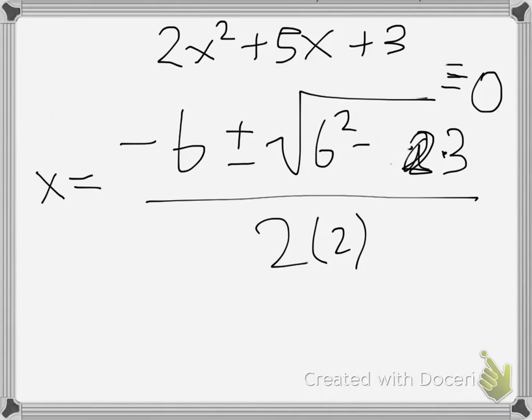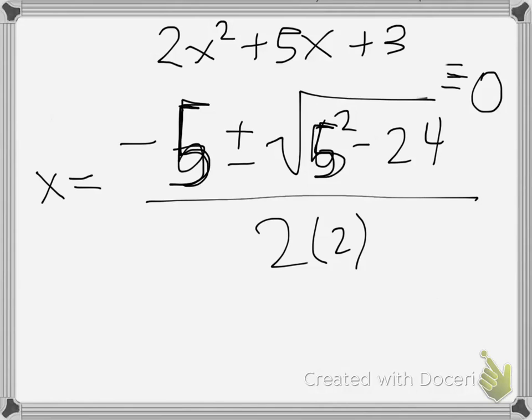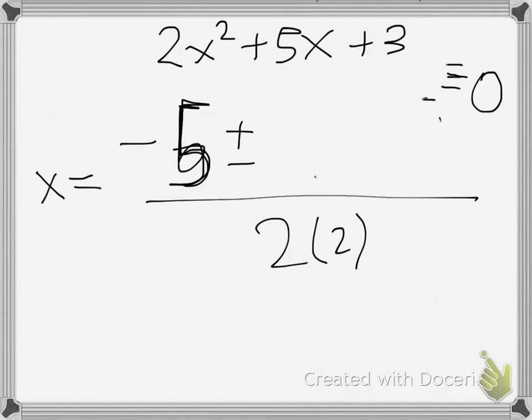Let me erase this and write 24. b is 5, so this becomes negative 5. This becomes 5 squared. So this becomes the square root of 25 minus 24, which is the square root of 1, which is 1. And this thing on the bottom, the denominator, becomes 4.